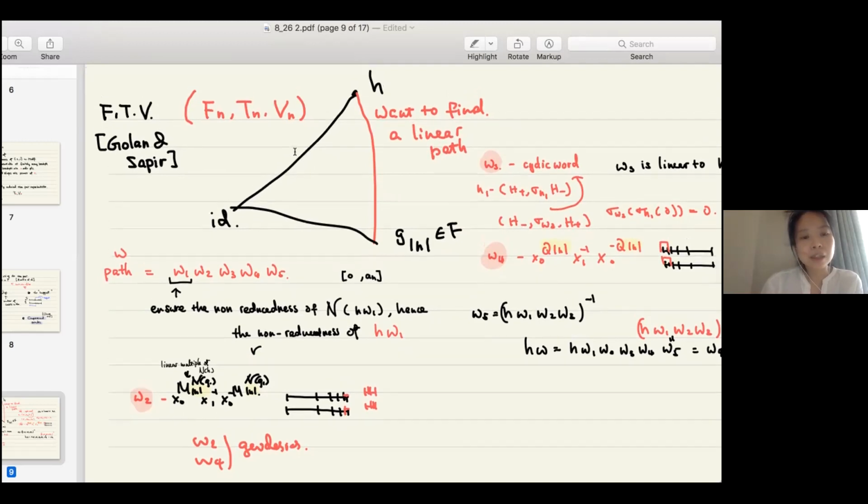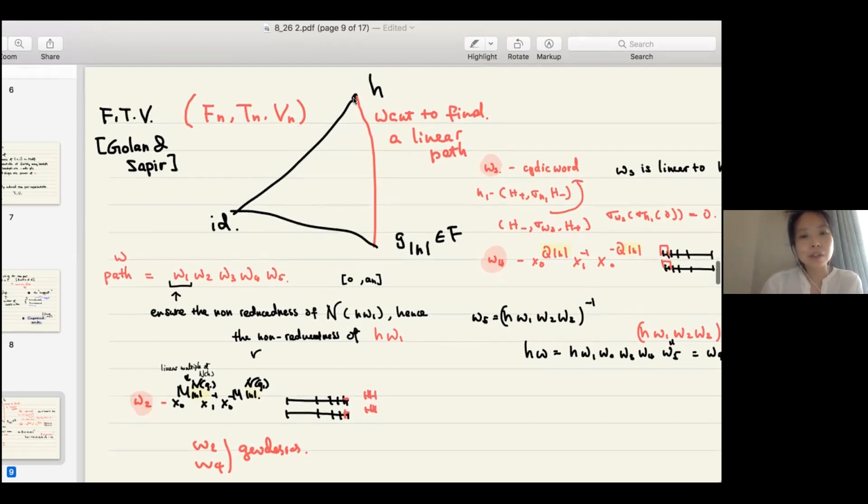The key here is, for example, we're looking at an element from Thompson's group V. We want to find another element which is related to this element, and this element belongs to Thompson's group F. And then there's this path, which is a linear path, avoiding some ball centered at the identity element.